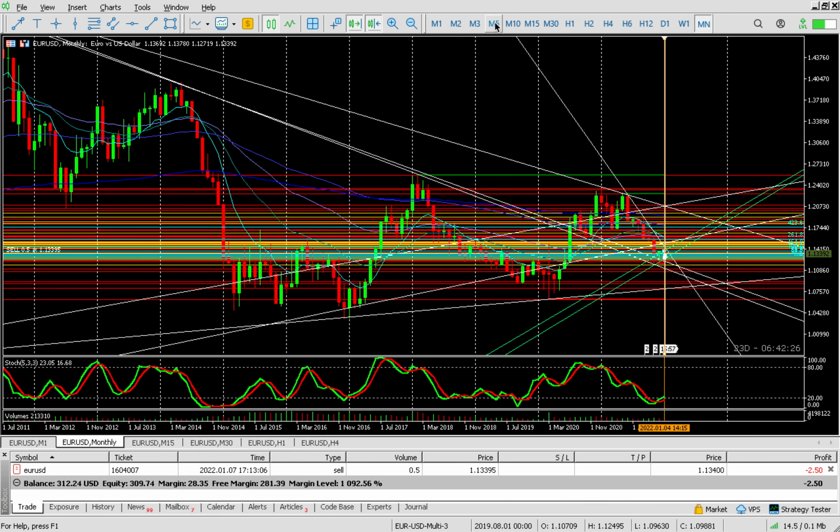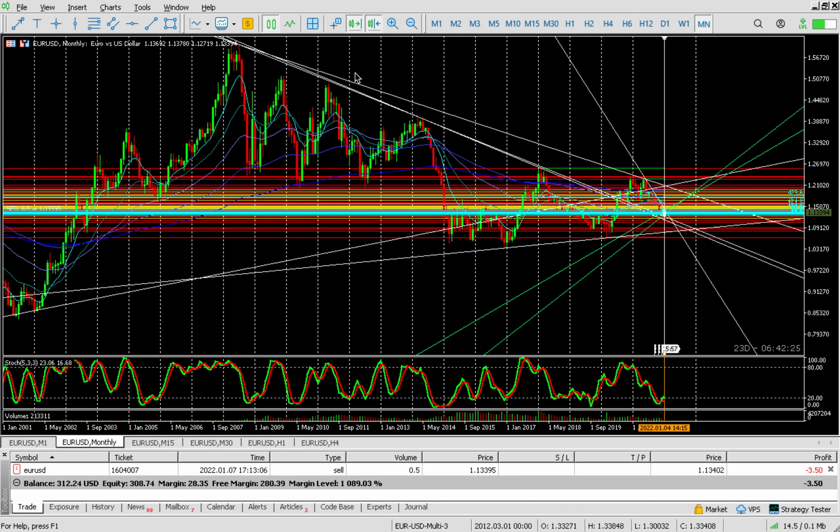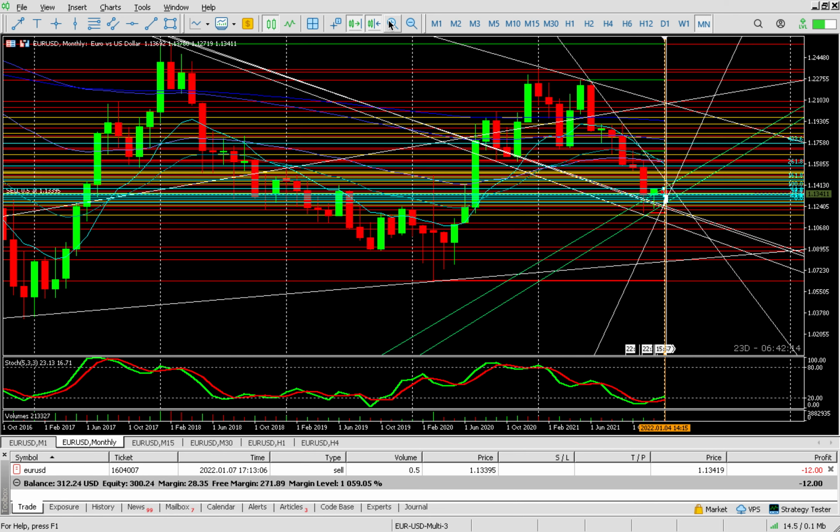So you go back to the monthly. Look at lower high, lower high, lower high, lower high. A little bit lower high.